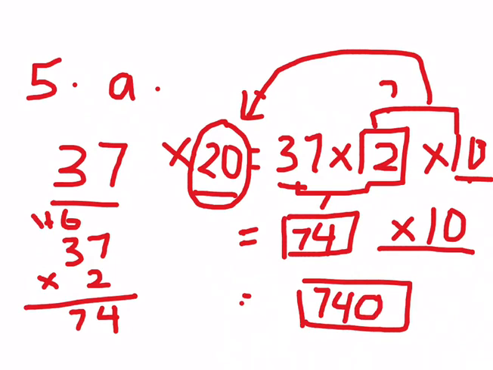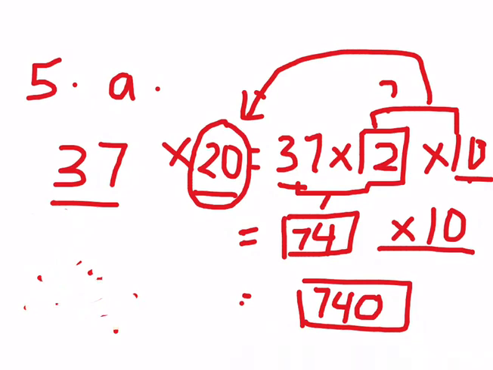However, if you don't like to use this way, right? Earlier, kalau kamu suka pakai, if you want to find 37 times 2, if you don't like that way, you can actually use this way. You can actually break it down. Okay? Jadi apa?